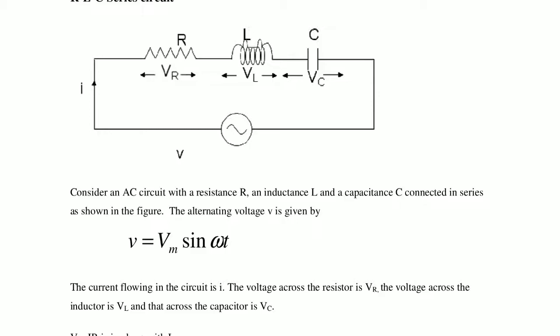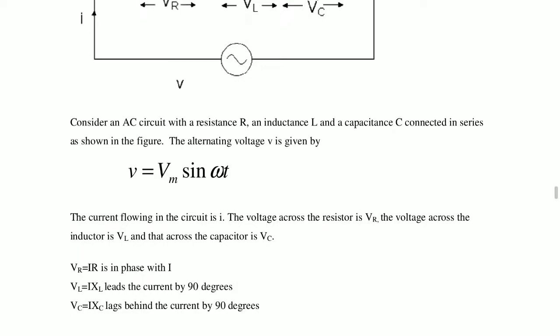We write VC is equal to I into XC. XC means capacitive reactance. So VC is equal to I into XC.